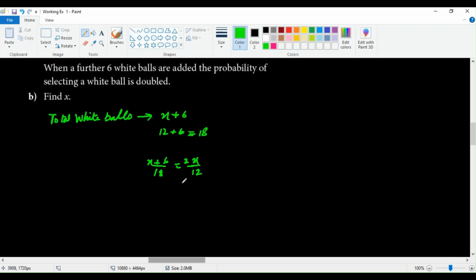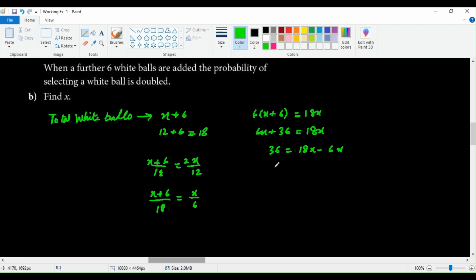So once we solve this, X plus 6 over 18 equals X over 6, and when we cross multiply, it's going to be 6 times (X plus 6), and this is going to be 18X. This gives us 6X plus 36 equals 18X, and this gives us 36 equals 18X minus 6X.